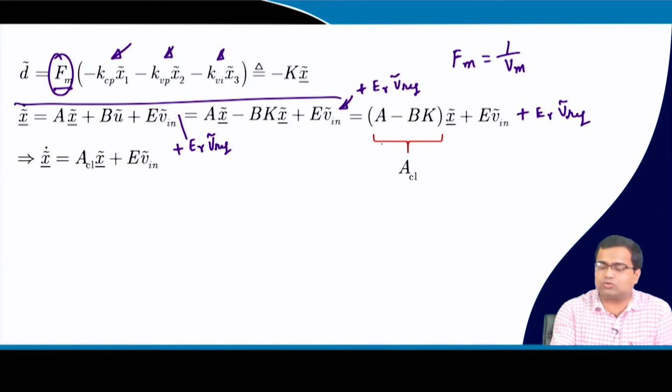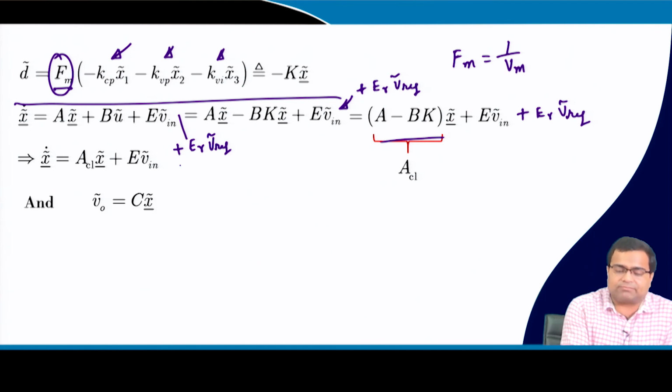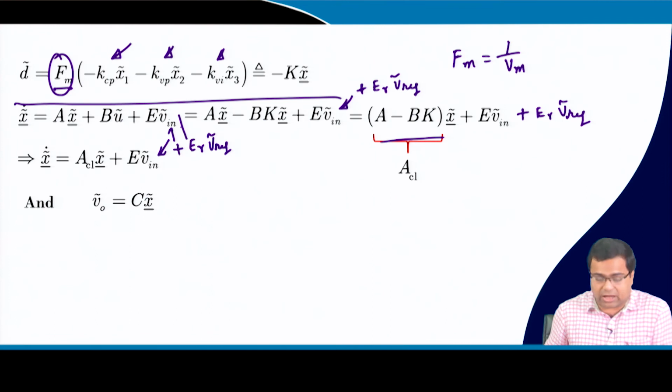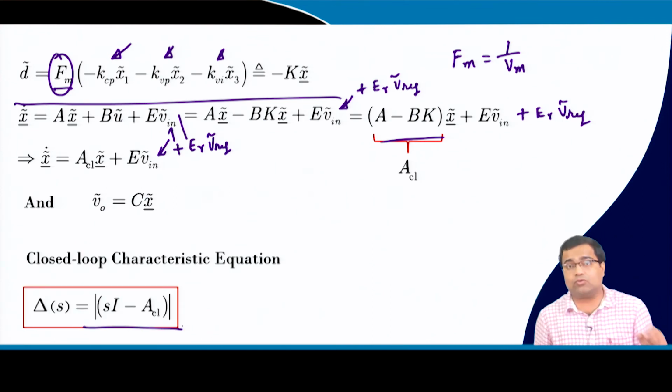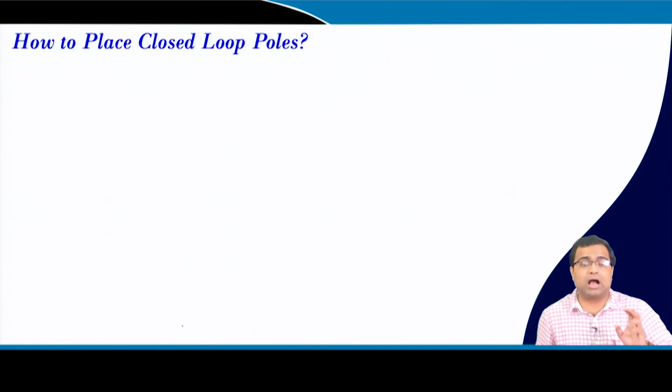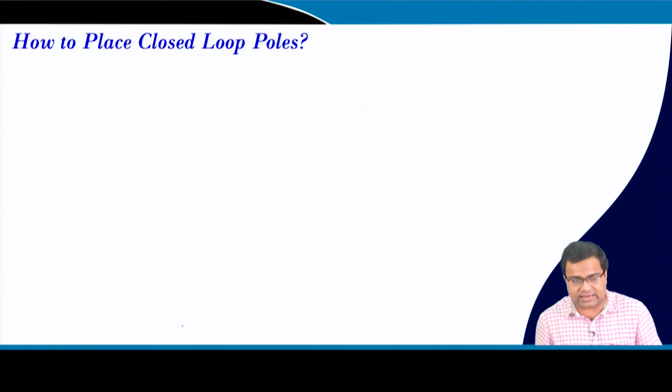So this is my closed loop equation, right, and after closing the loop you can add this term with this as well as this, both. This is the output equation, then the closed loop characteristic equation will be det(sI minus A closed loop). Now coming back, how to place the closed loop poles? It is a third order system including the augmented state.